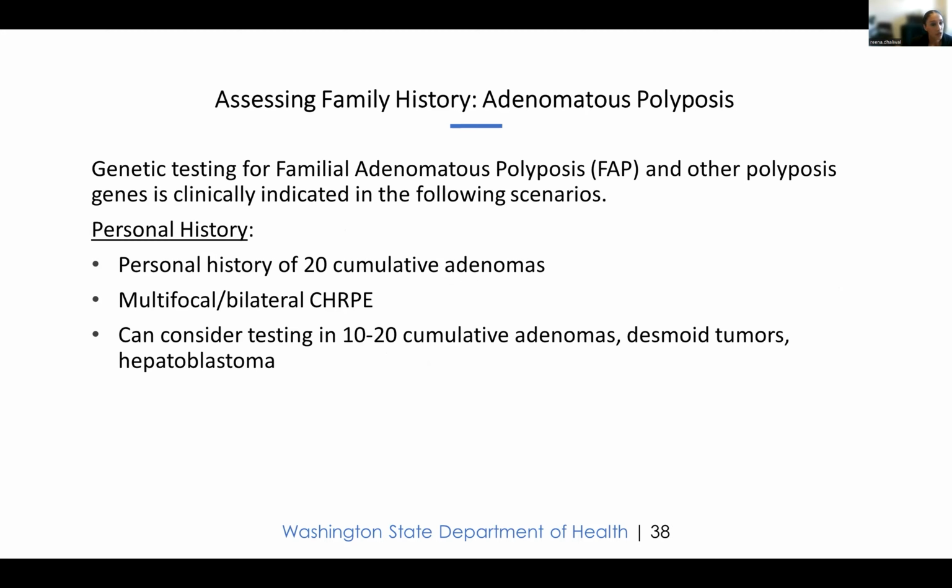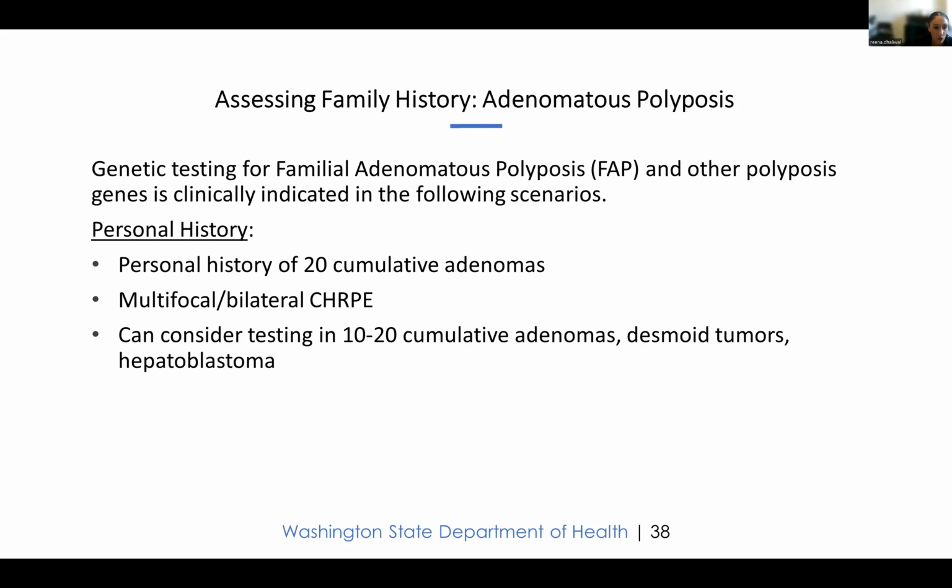Now going on to evaluation for polyposis genes. For personal history, if someone has a history of 20 cumulative adenomas over their lifetime, or if someone has multifocal or bilateral CHRPE, and we can also consider testing in cases where there are 10 to 20 cumulative adenomas.